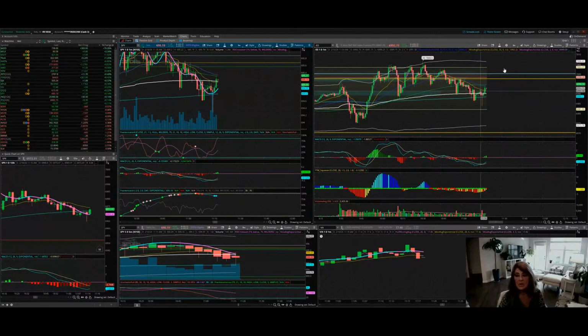So we could turn and push it back up here. Getting a little test to the VWAP. $42 to 51, so 9-point move there.